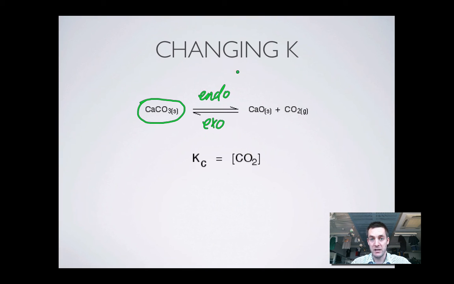So for this particular reaction, if I increase the temperature, the value of the equilibrium constant increases. If I decrease the temperature, the value of the equilibrium constant would decrease because the concentration of carbon dioxide would fall as the system tried to heat itself up.